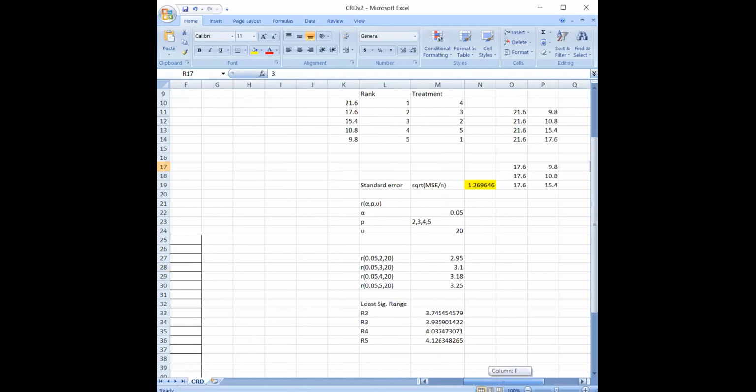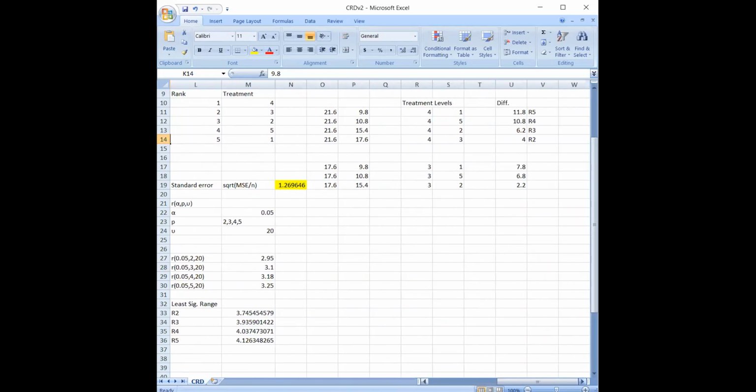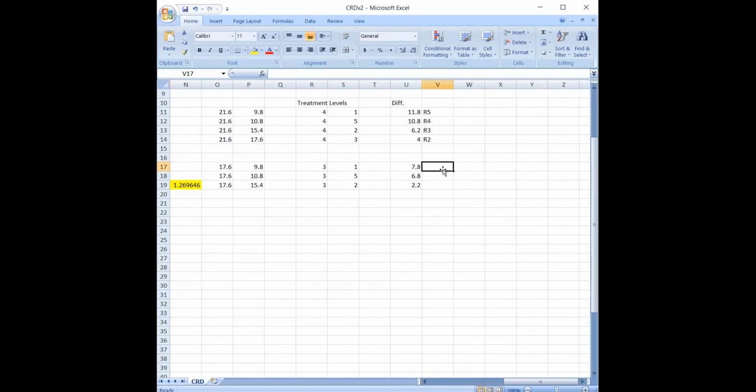If you check the ranks, treatment level 3 is here, treatment level 1 is here. In between, you have 2 observations, that is 2 gaps, so p should be equal to 4. So that is R4 you have to take here.